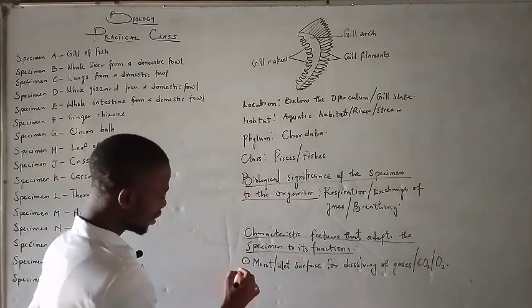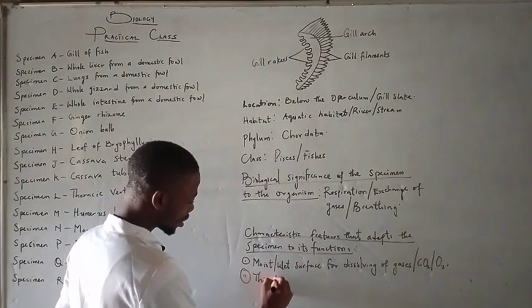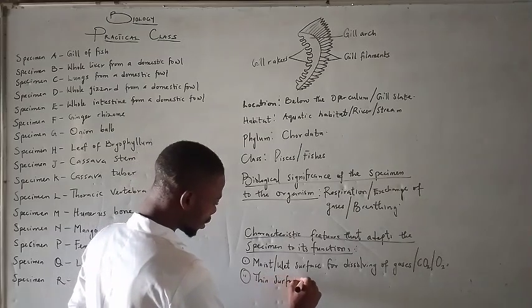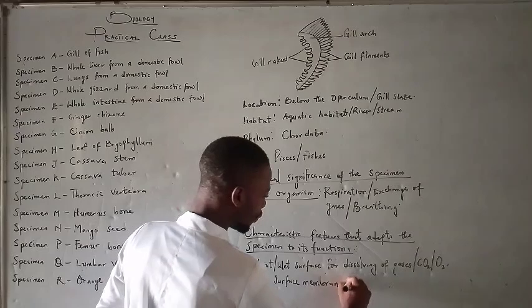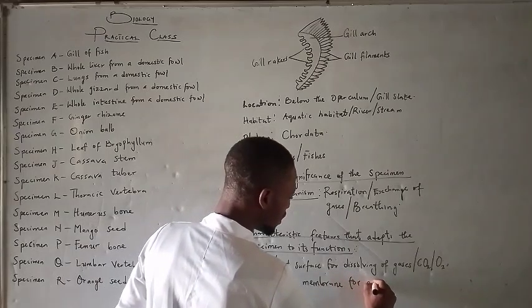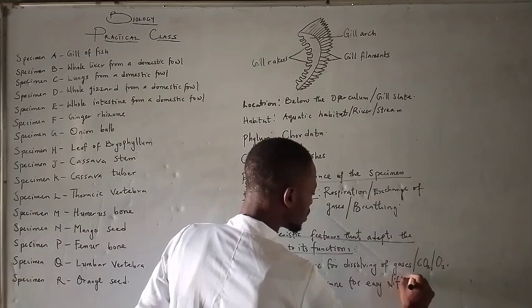That's the first one. The second one is thin surface membrane for easy diffusion of gases.